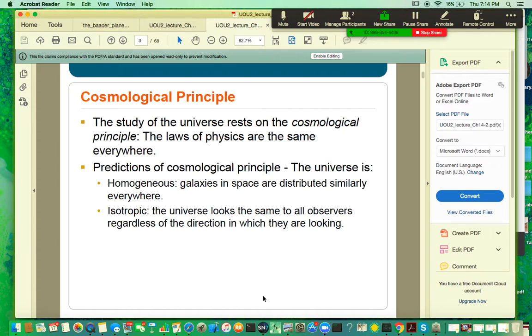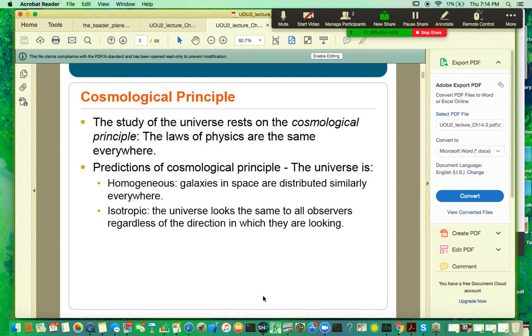Of course, the universe is not homogeneous on a small scale. Our solar system is not homogeneous. You have the sun, planets, and satellites, and they are not equally distributed in space, right? But if you take a vast, enormous volume in space, it looks the same. The density of galaxies seems to be the same.